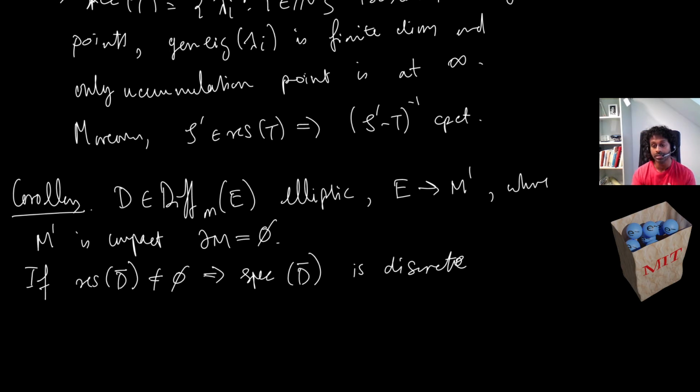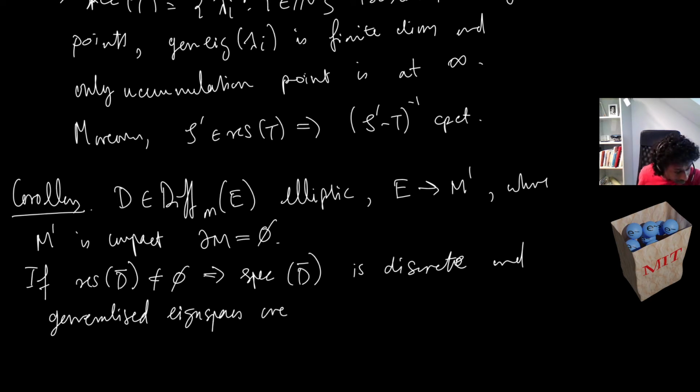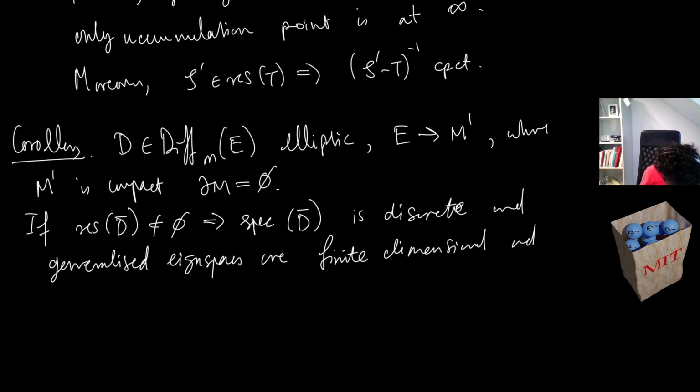So discrete here means that it's countable with only infinity being the point of accumulation, and generalized eigenspaces are finite dimensional and smooth.